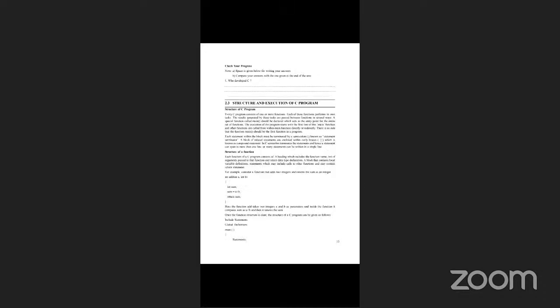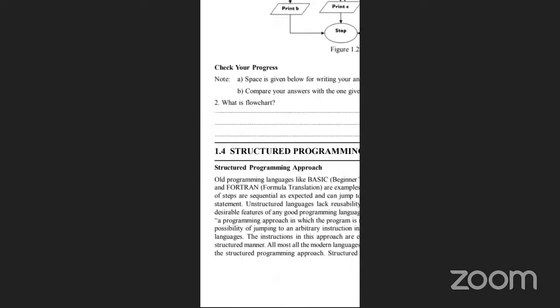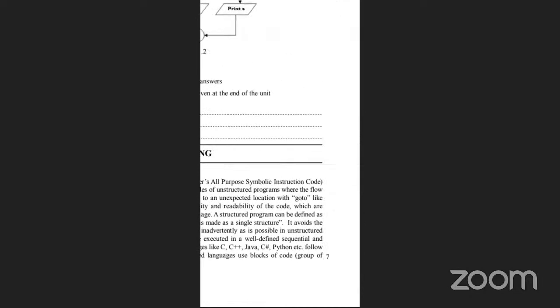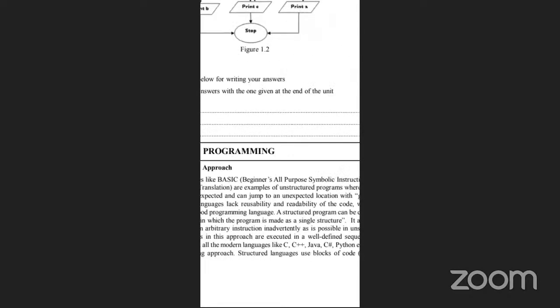Old programming languages like BASIC, Beginners All-purpose Symbolic Instruction Code, and Fortran, Formula Translation, are examples of unstructured programs.